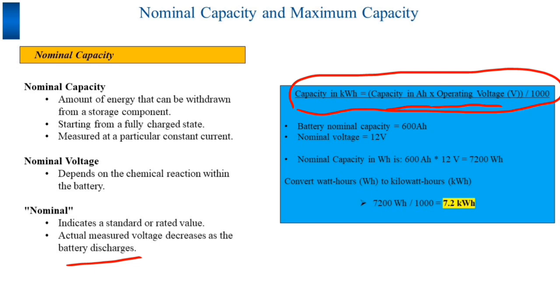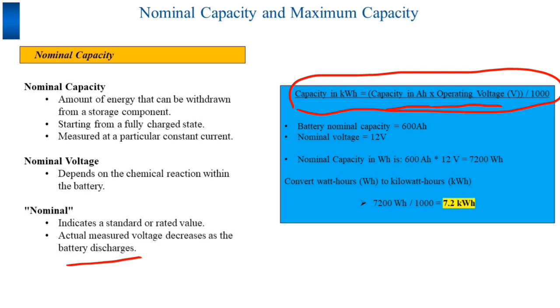So the actual usable energy of a battery depends not only on its nominal capacity but also on its operating voltage, because the operating voltage plays a significant role in determining the actual energy output of the battery.